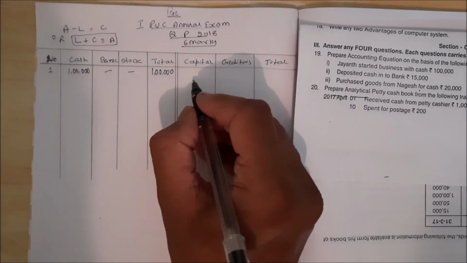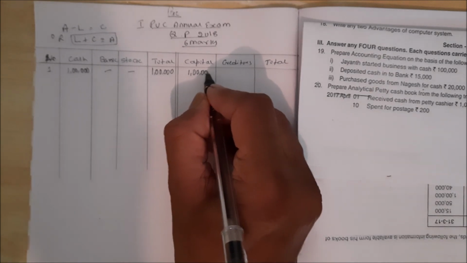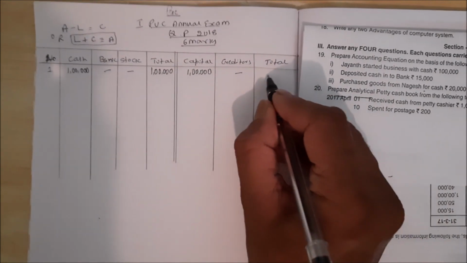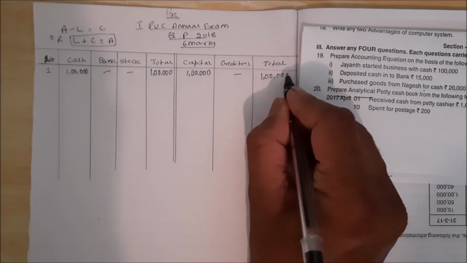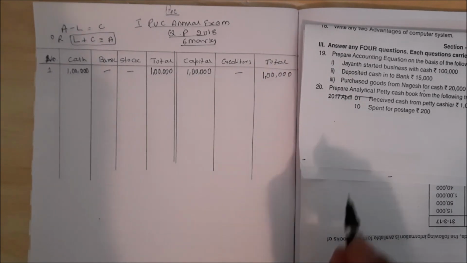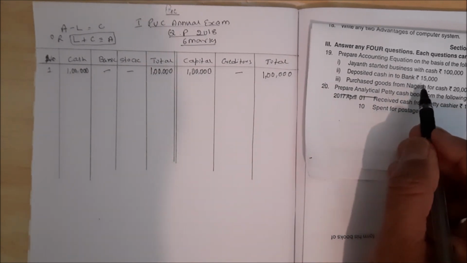It is towards what? Capital, 1 lakh. Nothing else is there, then total is 1 lakh.